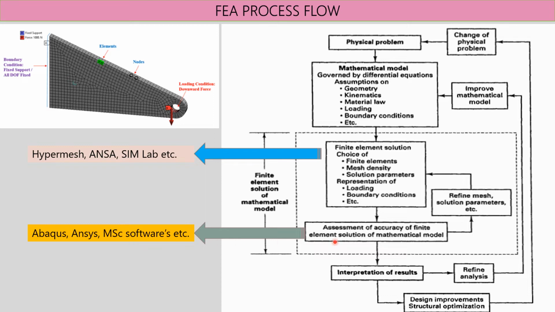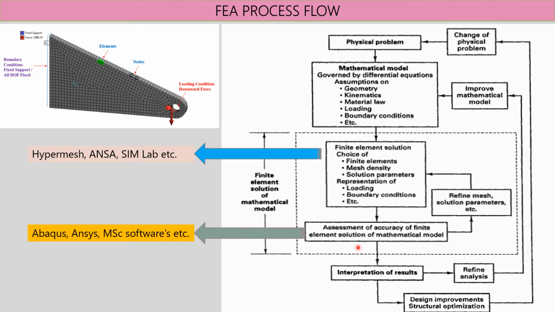Once you get a simulation, we need to see the results, how the component has behaved with respect to our applied load. We need to consider the stresses, the displacements, and whether the reaction forces are going in the correct way.